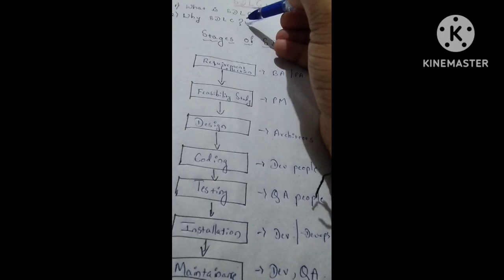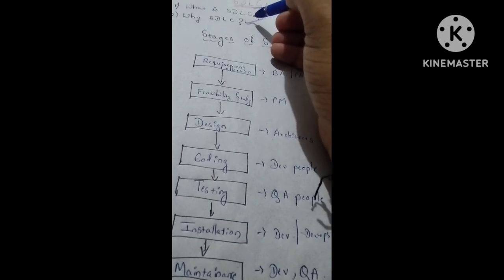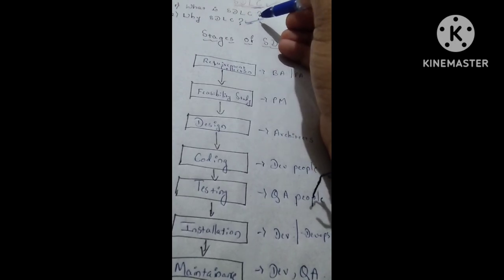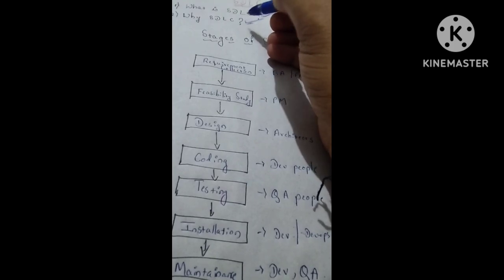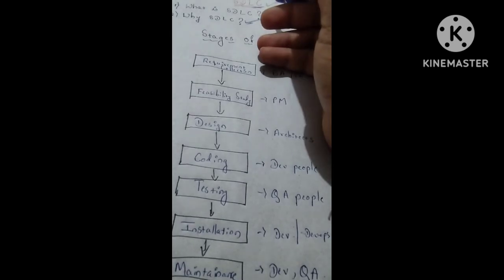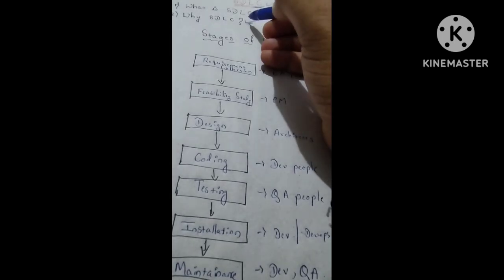It is very important for developers as well as QA from the interview perspective. It helps us understand what the requirement is and what should be developed. Those things will be very clear by following the SDLC.